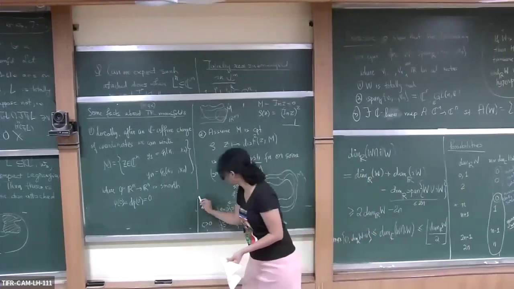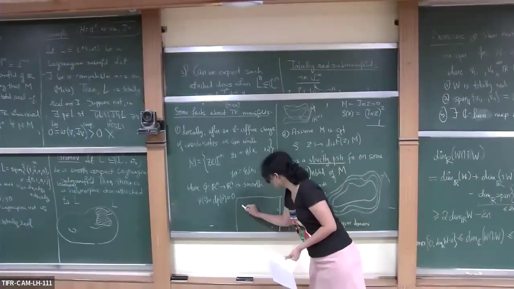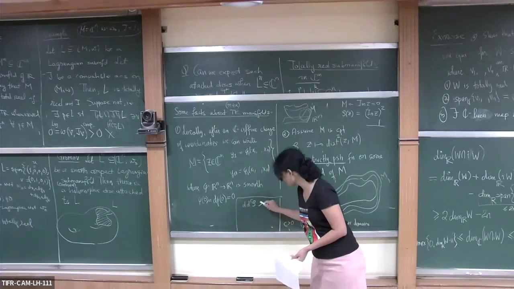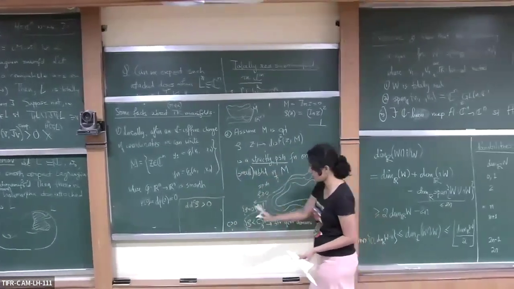Another point over here that I will write down. When you have an SPSH function, you can look at dd^c of rho, and this is going to be a symplectic form. It's actually going to be a Kähler form, but I'll not say more about that.